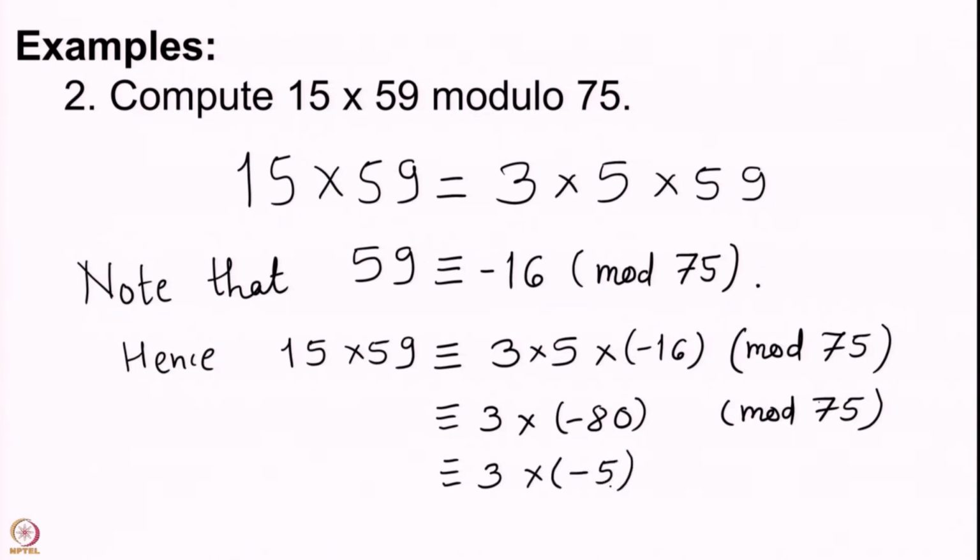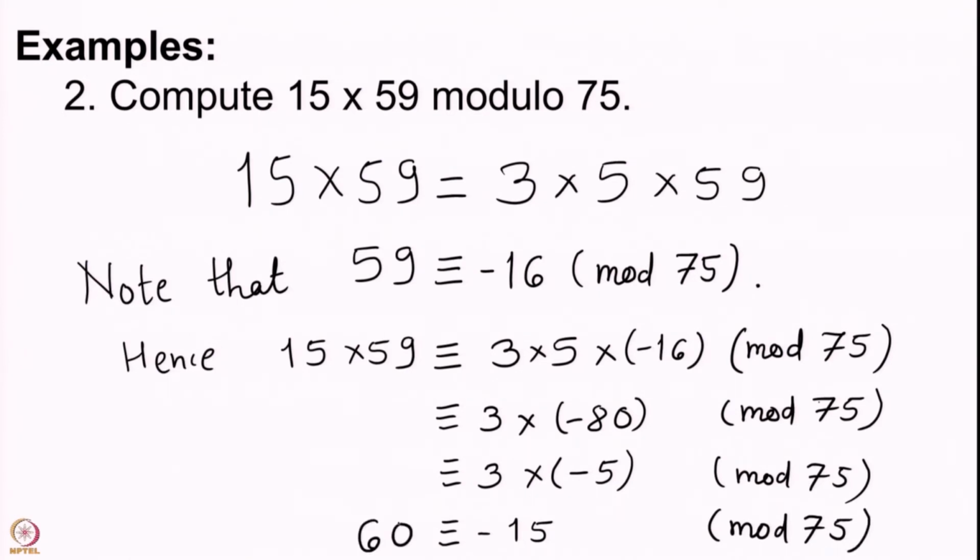So, this is nothing but 3 into minus 5, which gives you minus 15 mod 75. So, answer is minus 15 or 60.